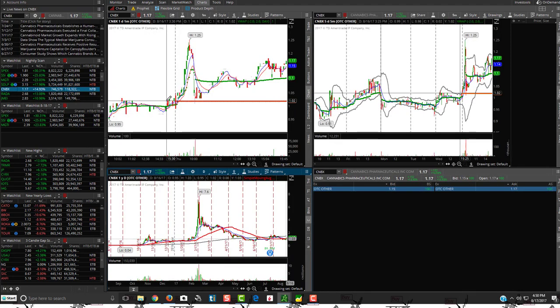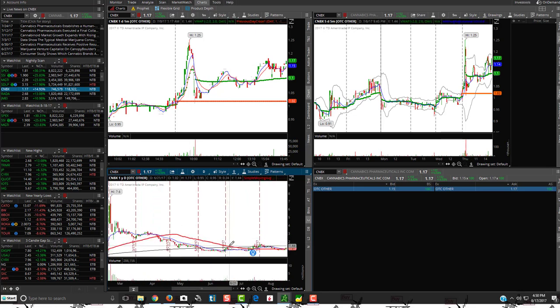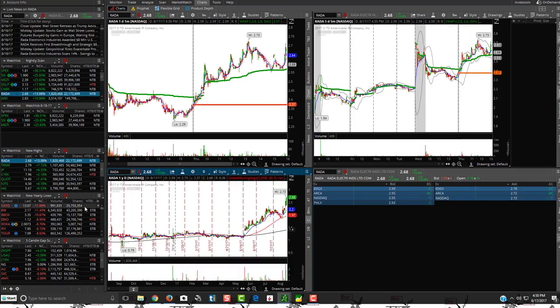CNBX, not a lot of volume. There's some resistance right at that 1.44. See if it can break, and then, you know, kind of before the $2 mark. Don't really love it, so I'm not going to put it on. RADA. So right here, 2.73. See if it'll go and break that.